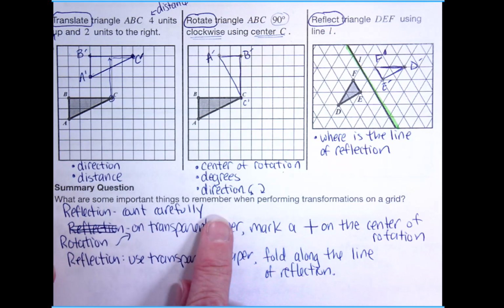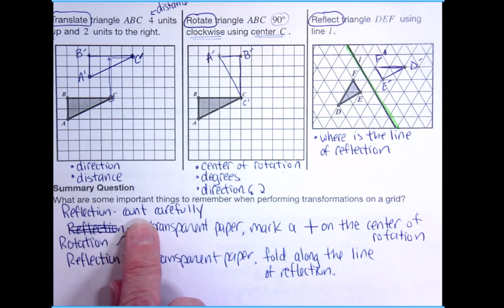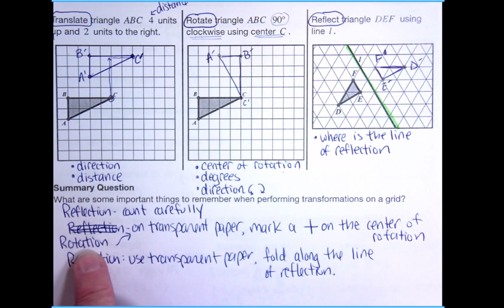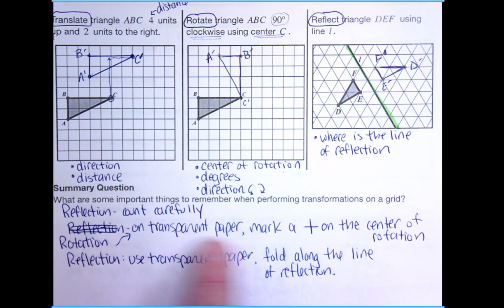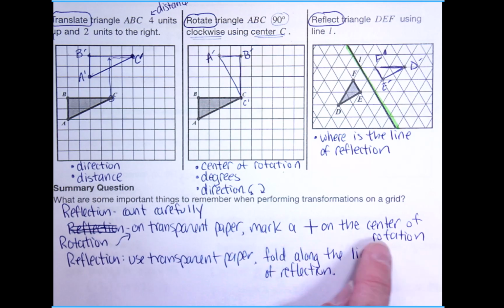Some important things to remember when you're performing those transformations on a grid. First of all, for a reflection, just count carefully. If you're told 4 units, count carefully. Secondly, for rotations, there's a trick to using that transparent paper. And the trick is to mark a little cross on the grid on that transparent paper where the center of rotation is.